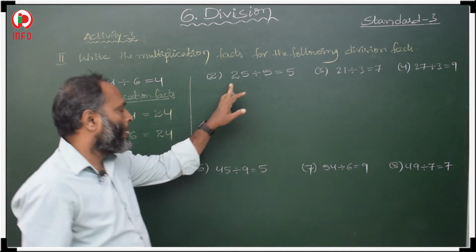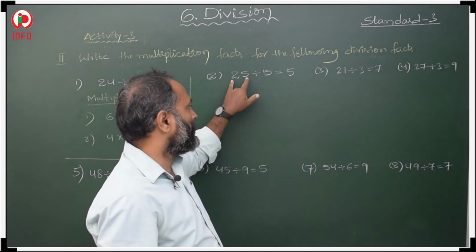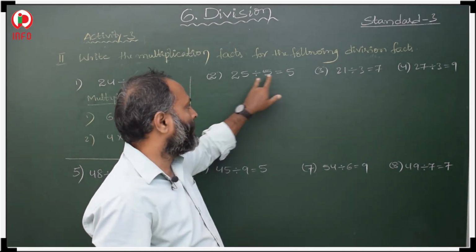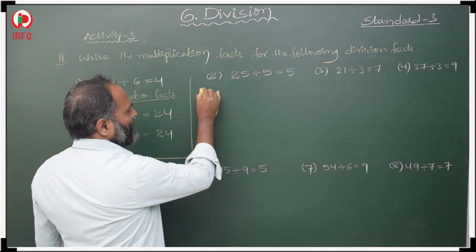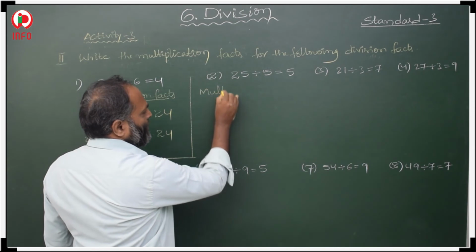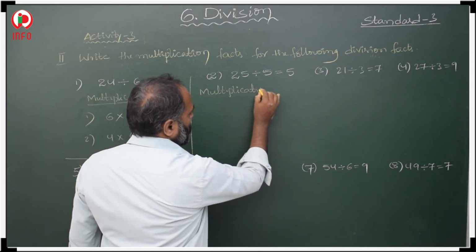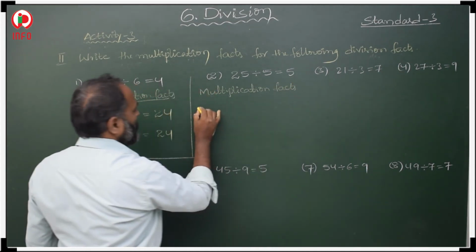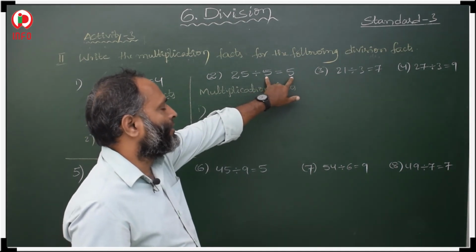Here also, 25 divided by 5 is equal to 5. This is the dividend, divisor and quotient. Then the multiplication facts, similar. First one, this is the divisor, this is the quotient.